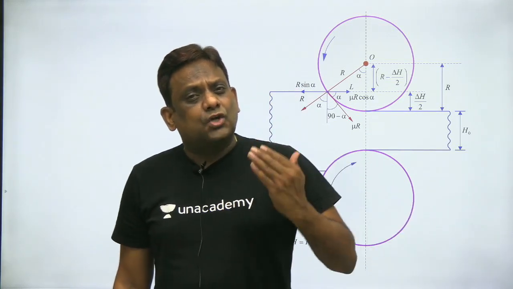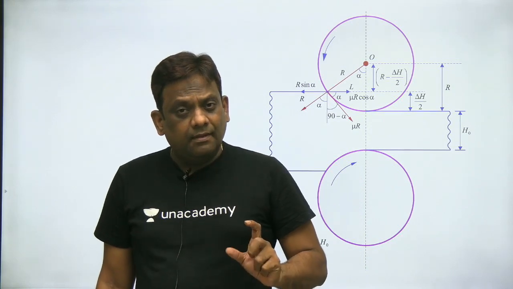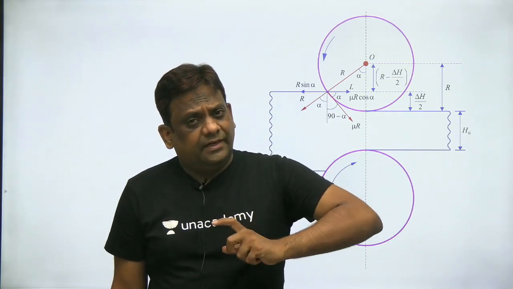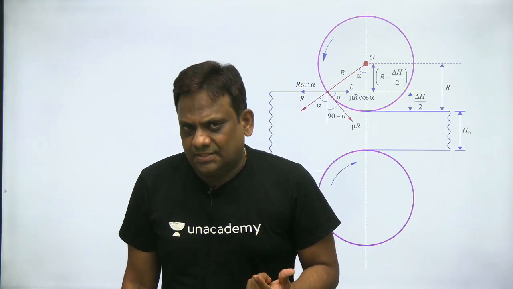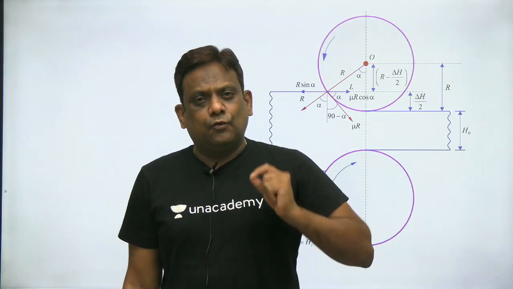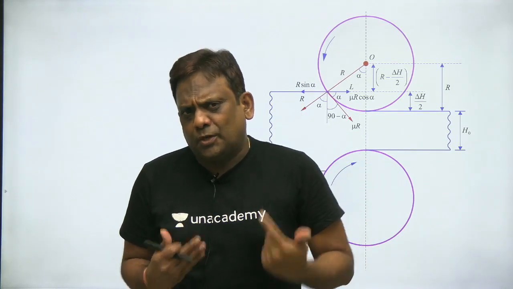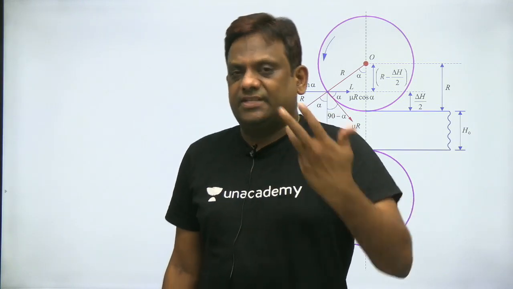And what is the influence of the radius of the roll on contact length? We will be deriving certain equations in a simple manner. And after that, if time permits, I'll be talking about roll separating force in the same video. If it is not possible, then I'll make another video on roll separating force, which is very interesting too.